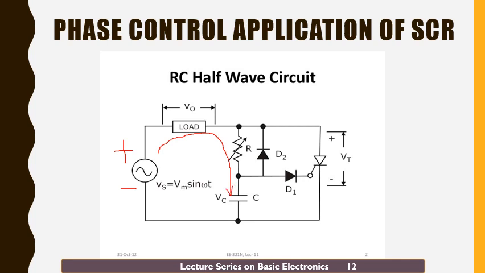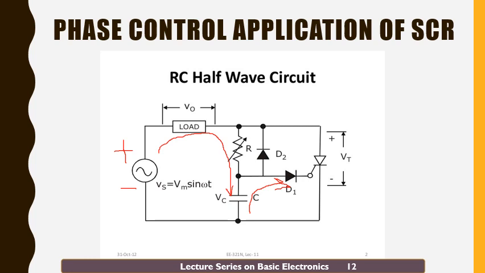The capacitor charges to the maximum. Once it charges to the maximum, it has to discharge. It cannot discharge through this terminal, so when it wants to discharge, it has to discharge via this diode. When the capacitor discharges through the diode, if the voltage applied across the diode is more than the breakdown voltage of the diode, then it conducts.